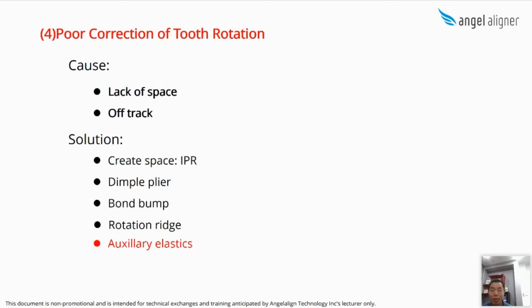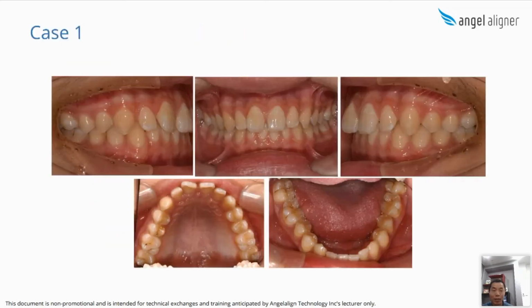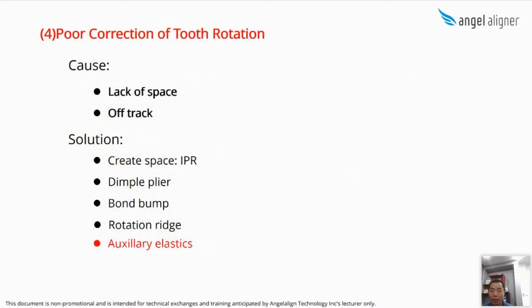And we can bond buttons with a power chain for the rotation, with a button cutout on the aligner, and ensure that all the subsequent aligners given to the patient have the button cutout to accommodate the buttons and power chains. So let's see some clinical cases.